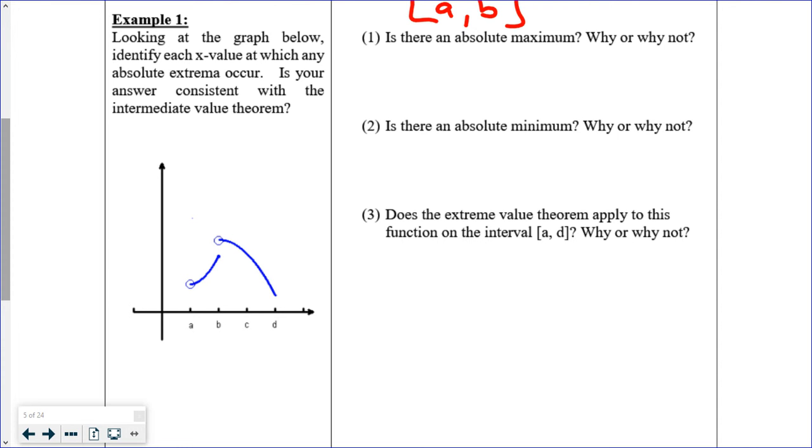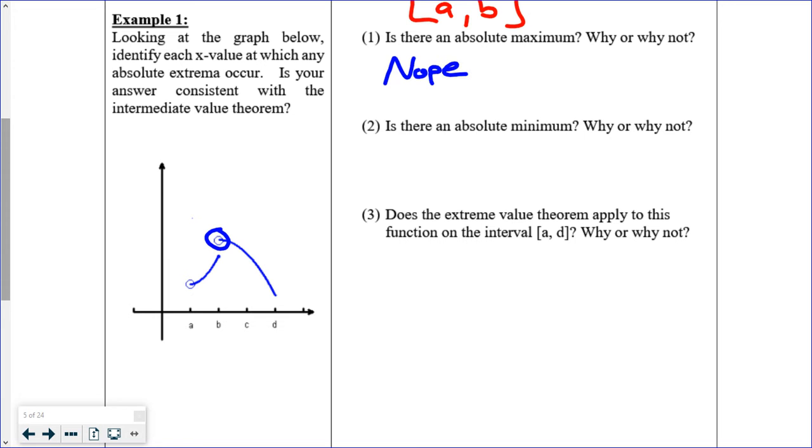So, is there a definite highest point on this graph? What do you think? Yes or no? No, there's not. This open point looks like it should be the highest value, but because it's not included, how do you actually get a y value there? You don't. Why not?